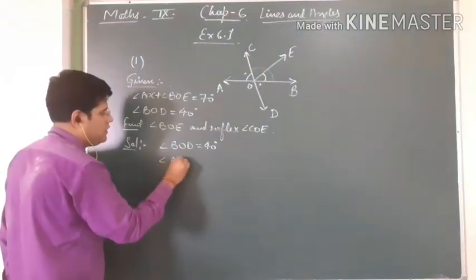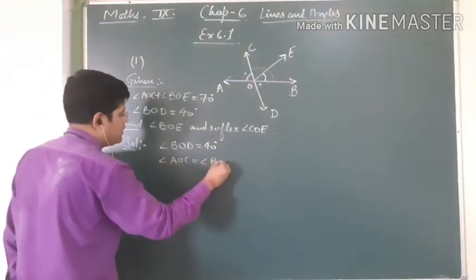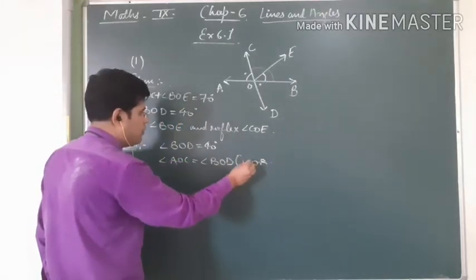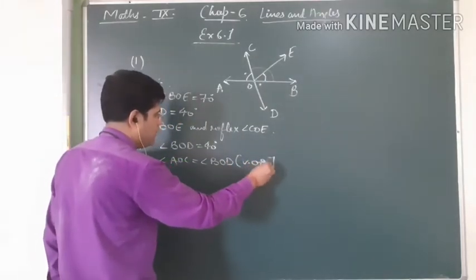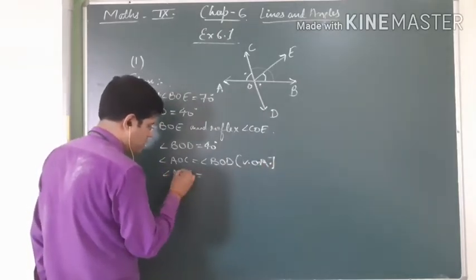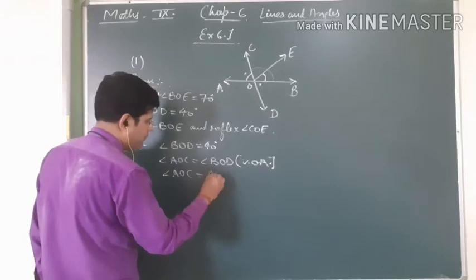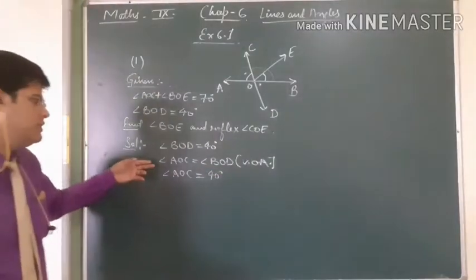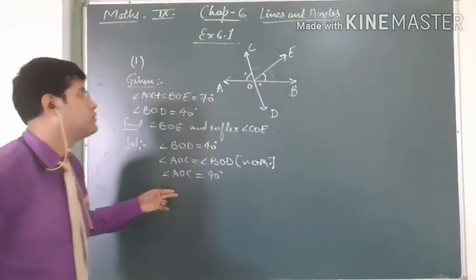So angle AOC equal to angle BOD by vertically opposite angles. You are not supposed to write this short form. Only I am writing these shortcut terms. You have to write the full property. So what is the reason behind? The reason is that these angles are vertically opposite angles. So angle AOC is 40.